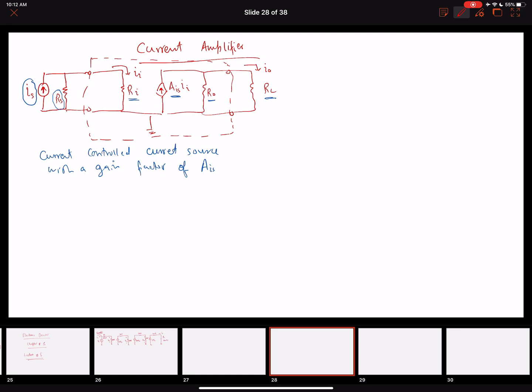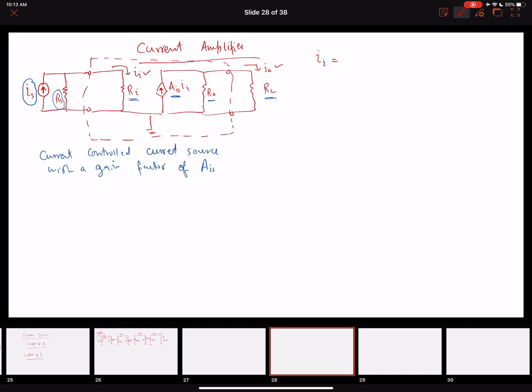And similarly, we will determine the design considerations to make sure that we get the maximum gain out of it. All right, so if I look at the input stage, the input of this amplifier, I can determine the value of II by applying a current divider rule.